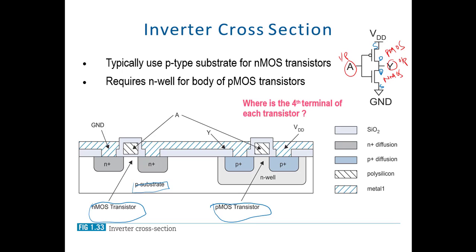So it is an NMOS, and this one is the drain and this one is the source. The source of NMOS is connected to the ground. Here we have the drain, and the drain is connected to the drain of PMOS. Here we have the source of PMOS, and it is connected to VDD.